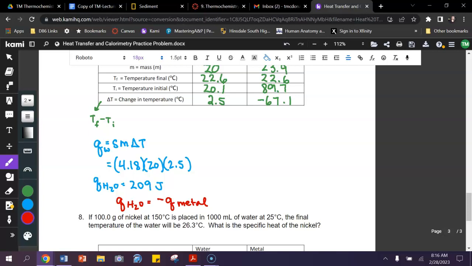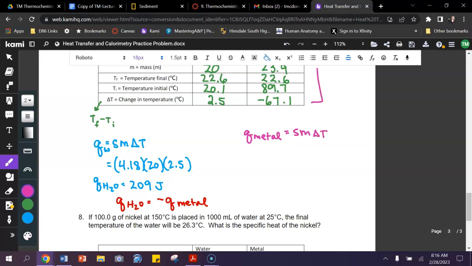So conversely, the metal had to lose energy in order to give it to the water. So that means that my Q for metal is negative because the metal is losing that energy. So we know then that the Q of the metal is equal to S M delta T.